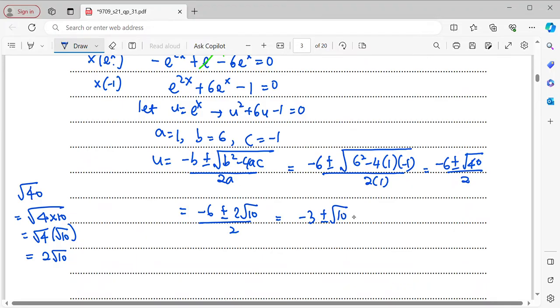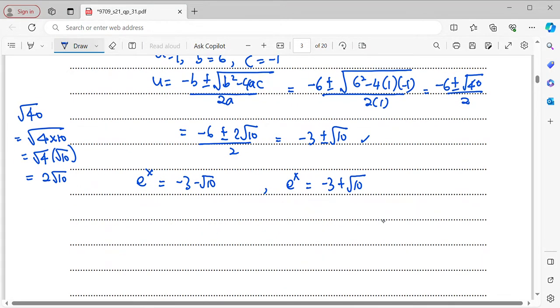So now my e^x is going to be, because this is my u and my u is basically e^x, negative 3 minus square root 10 according to the u calculation here, or e^x is negative 3 plus square root 10. For your information, this is our exponential graph.